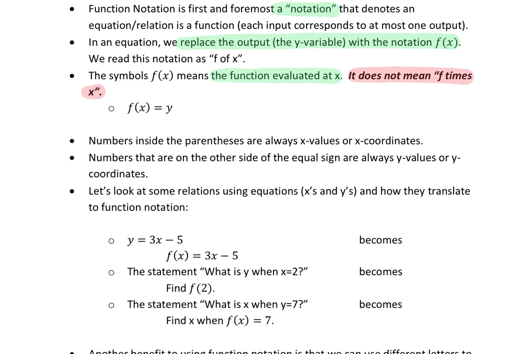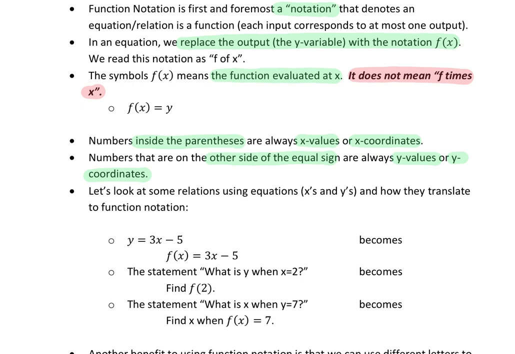If the number is inside the parentheses, it is an x value or the x coordinate of the point. Numbers that are on the other side of the equal sign are always y values or y coordinates.